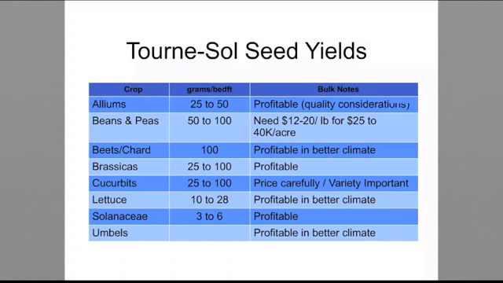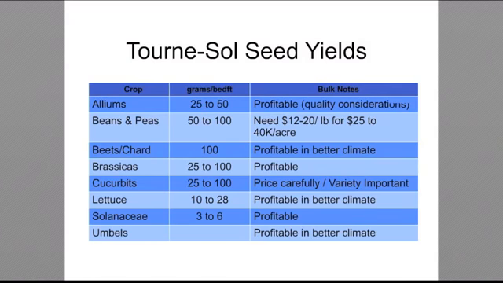Beets, brassicas, lettuce, and solanaceae can all be quite profitable as a bulk crop or as a packet crop, though climate makes a big impact, especially for the beets, chard, and lettuce. For us, some years we can get the quality we're looking for and the quantity we need to sell bulk, and some years we can't.